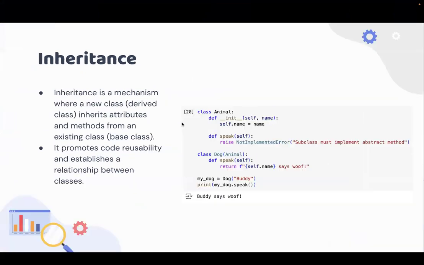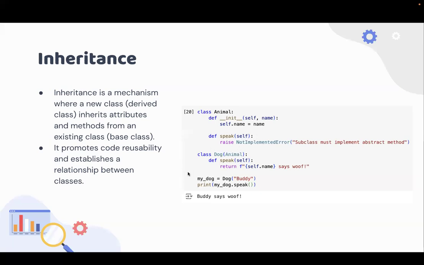All right, let's talk about inheritance. Inheritance is a mechanism where a new class inherits the attributes and also the methods from an existing class, which is also called the base class. So it promotes code reusability and establishes a relationship between classes. For example, we have a class named animal. In our constructor, we have the name, and we also define a method called speak.